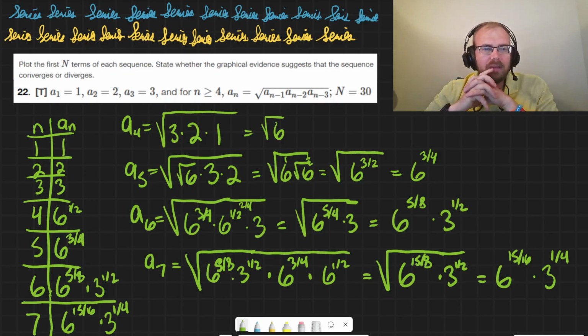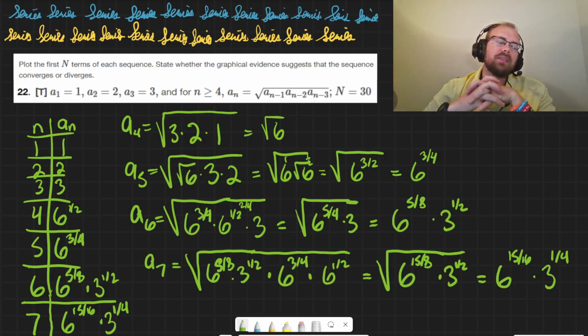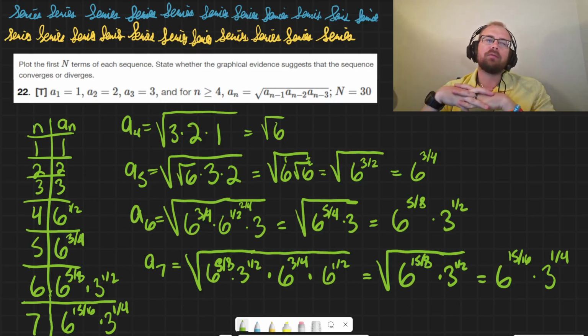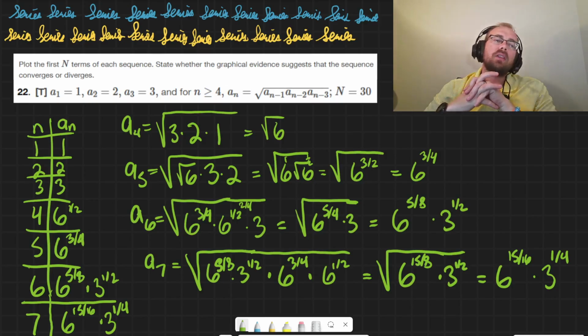So it looks like, well, if we split the 6 up into 3 and 2, then it would have been 3 to the 15/16, and then you have 3 to the 1/4, and that would be 3 to the power of something a little more than 1.